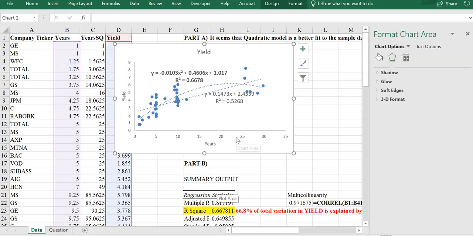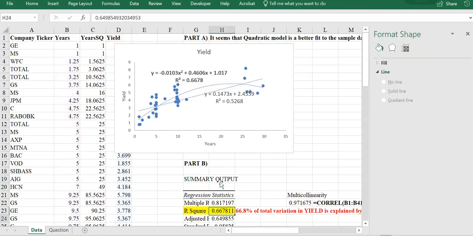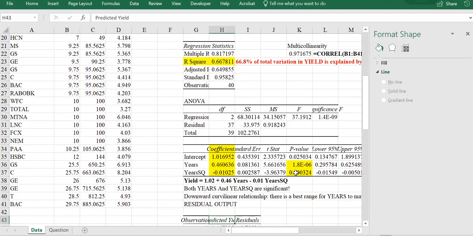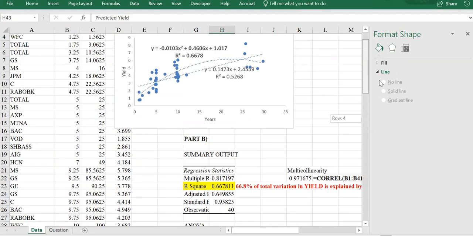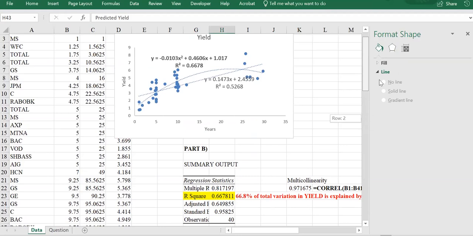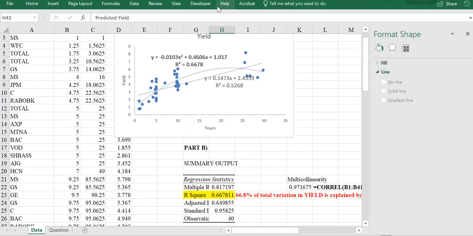And we already know that both X and X squared are significant from the p-values. Both of them have a p-value less than 5%. So both of them are significant.